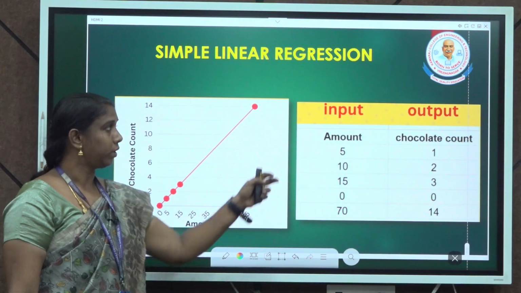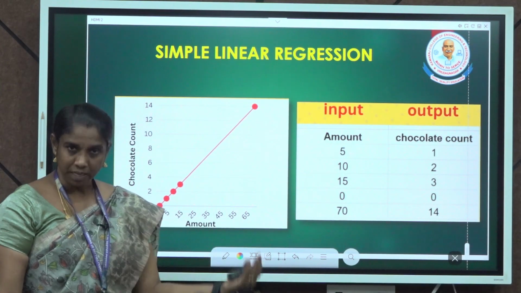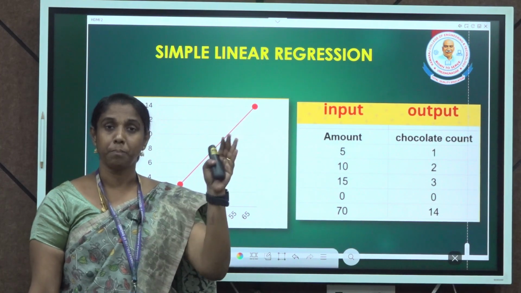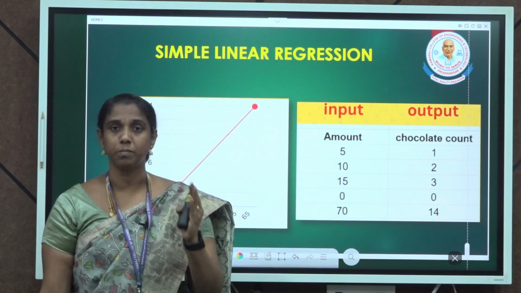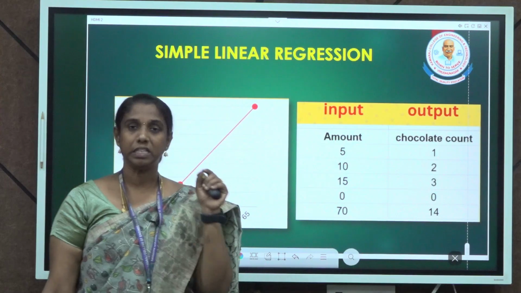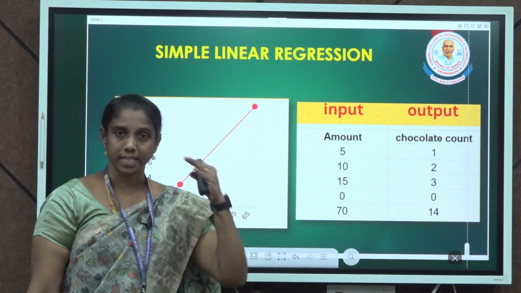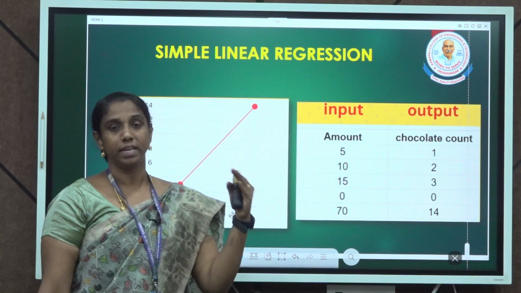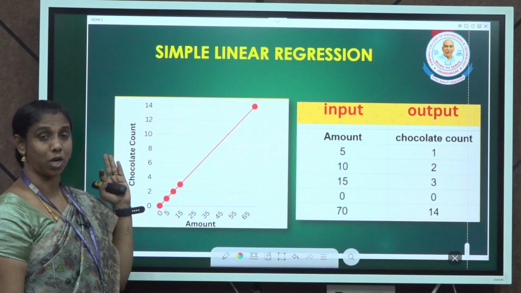Now I am going to take this input. For simple linear regression, I can represent the input and output. The relationship between the two variables is known as linear regression. I can represent these two values in a graph. In a graph there is an x value and a y value. Here I am taking the x value as the amount and the y value as how many chocolates I can buy.